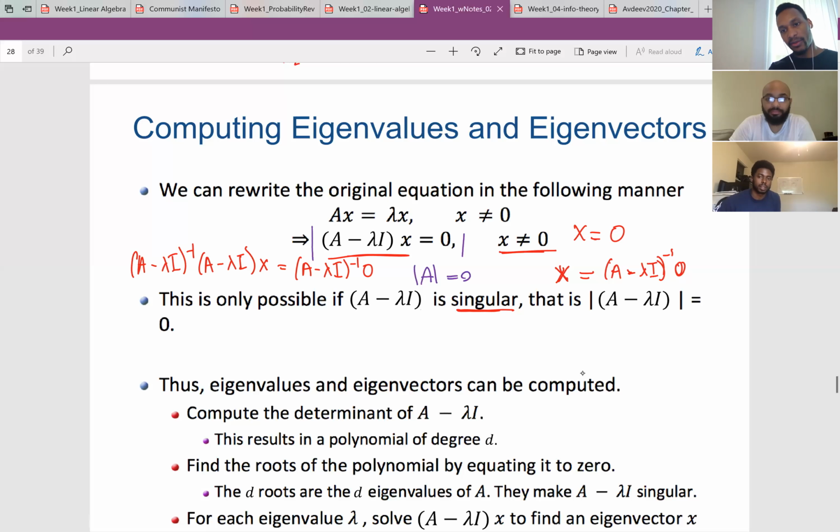And that would make x equal to 0, and we said x can't be 0. So this equation can only work when this isn't invertible.